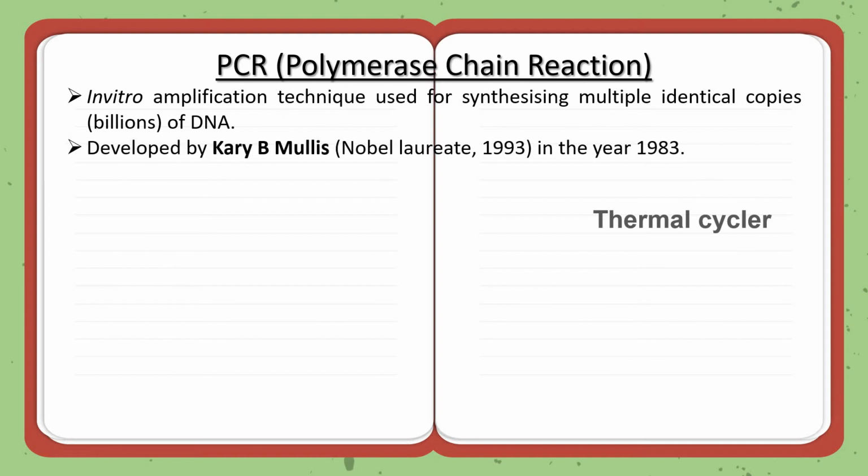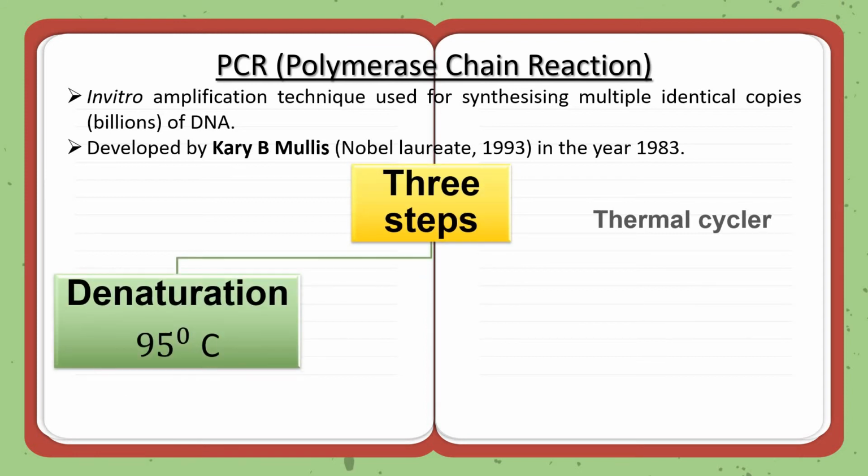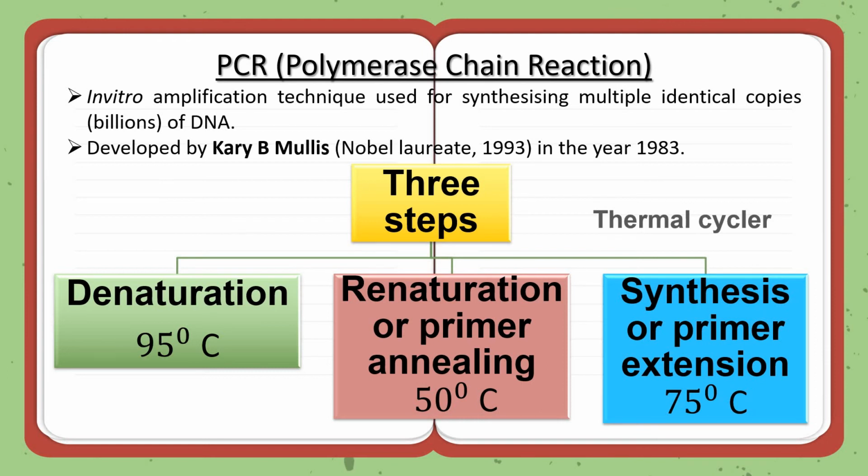Now PCR, polymerase chain reaction. What is PCR? Students, it is the very simplest one. Think of how we take Xerox copies. You have the handouts, so many notes, and from that you can take n number of Xerox copies.